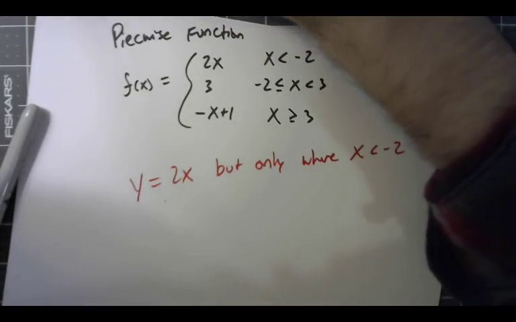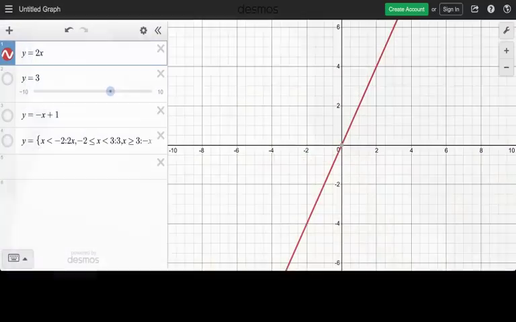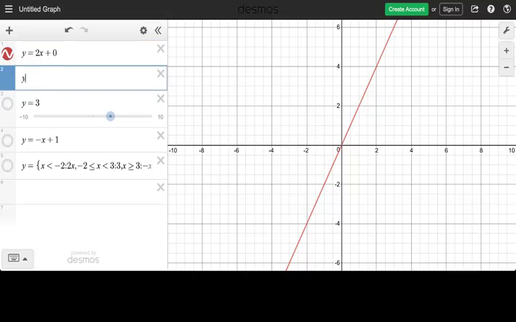So we come up here to Desmos. This is y equals 2x. It's got a y-intercept of 0 technically, and a slope of 2, so it goes up 2 over 1 every time. But we're saying we only want this where x is less than negative 2. So let's see if I can do this actually.